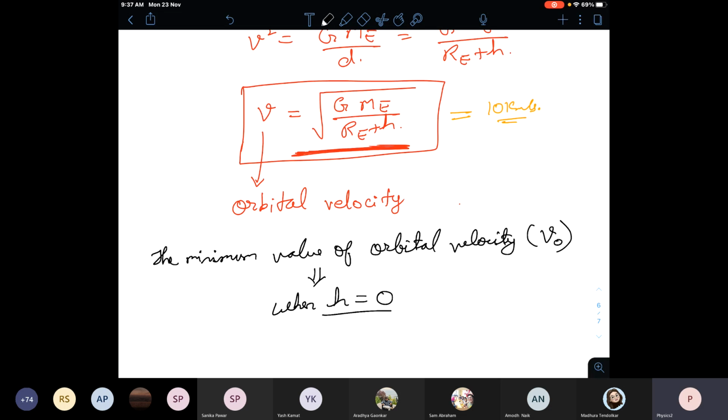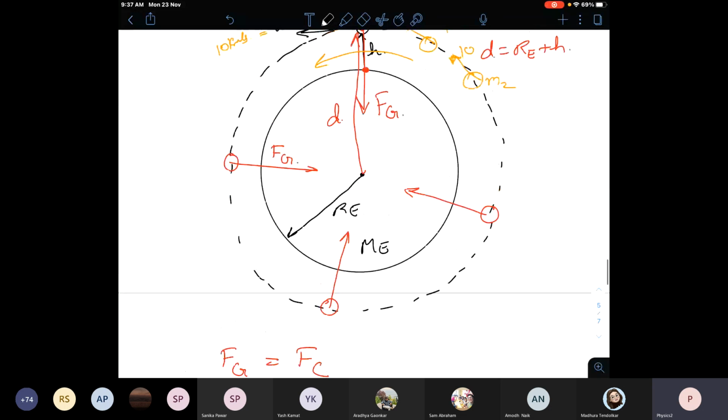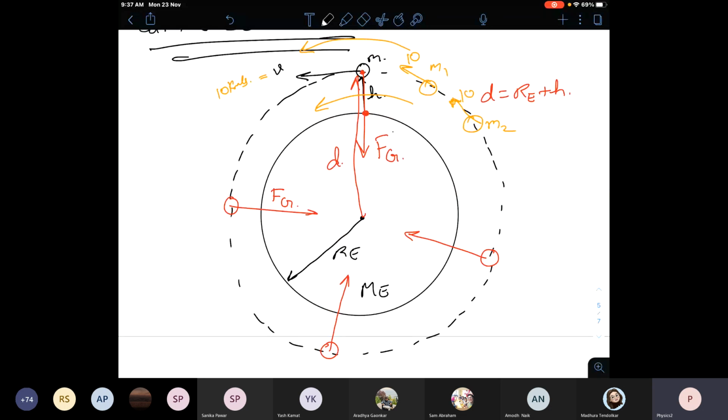becomes equal to 0. Because you cannot form an orbit inside the surface of the Earth. Simple as that. So the smallest radius of the orbit possible is when the satellite is just orbiting on the surface of the Earth.